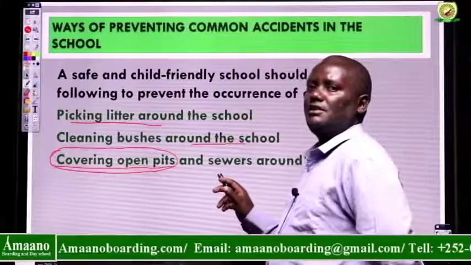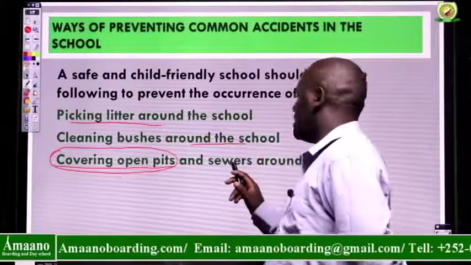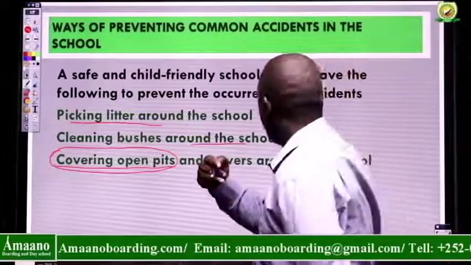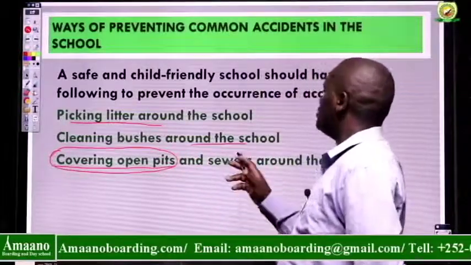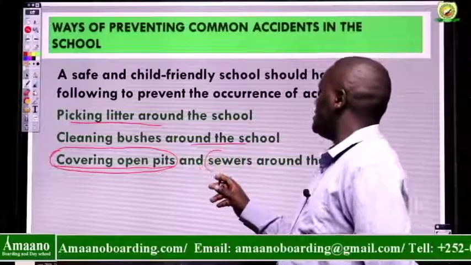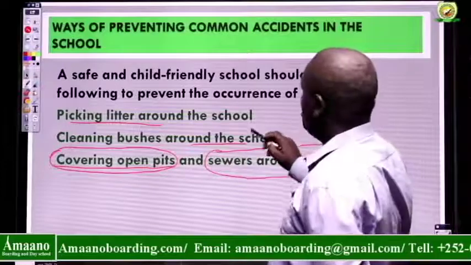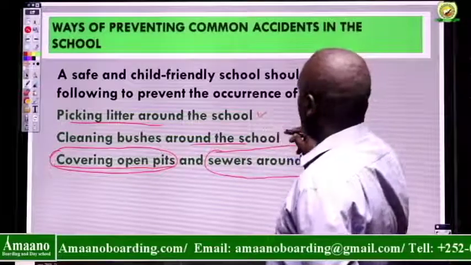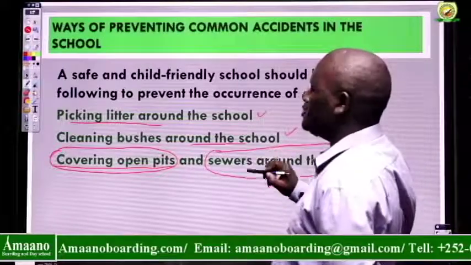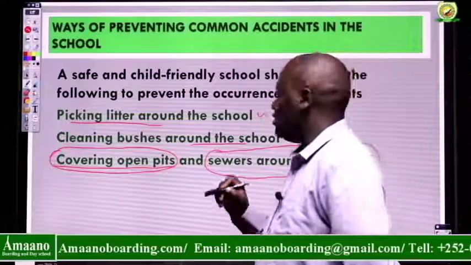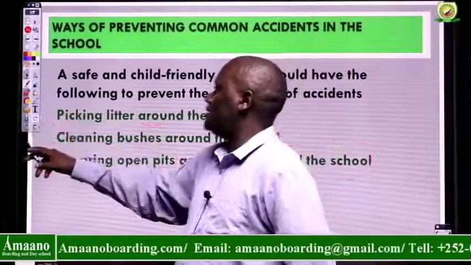Sewers should be covered because these sewers around the school, if they are left open, students can play and get inside and fall inside the sewers, and that will cause a very serious accident in the school. So we should pick the litter, clear the bushes, and cover all the open pits and the sewers in the school. If we don't cover them, an accident can happen very easily.